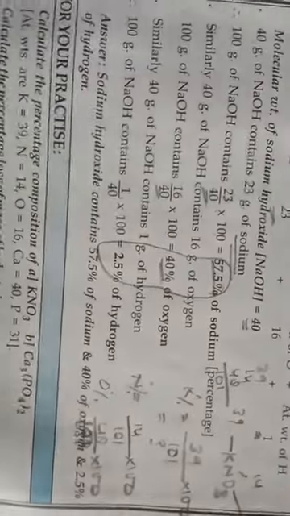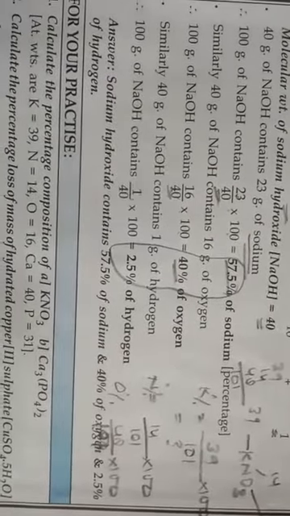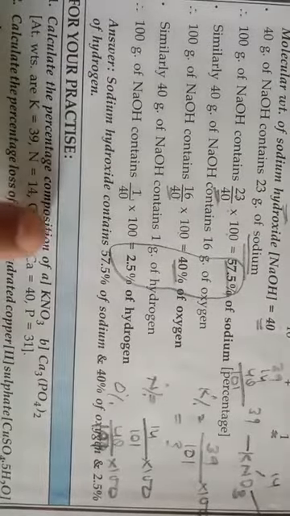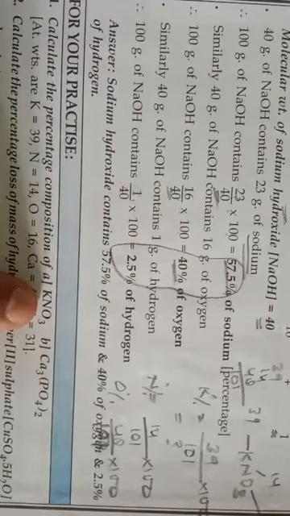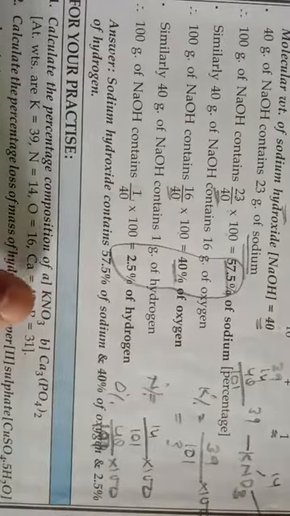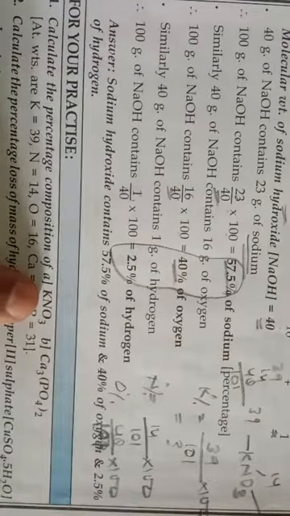Okay children, so a question can be asked in two different ways. First, it can be asked to calculate the percentage composition of a particular compound, or any one element can be asked to calculate. For example, find out the percentage composition of nitrogen in potassium nitrate.